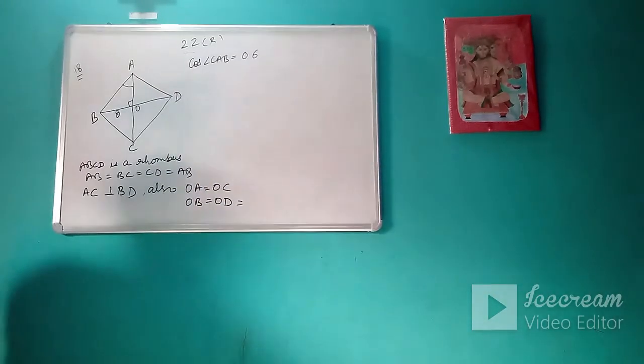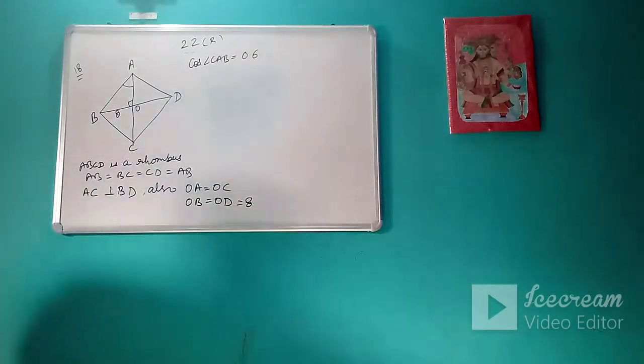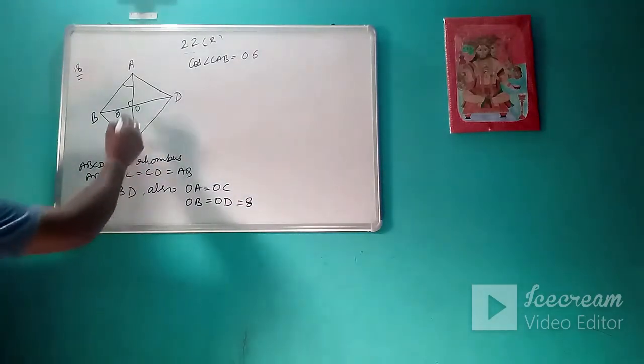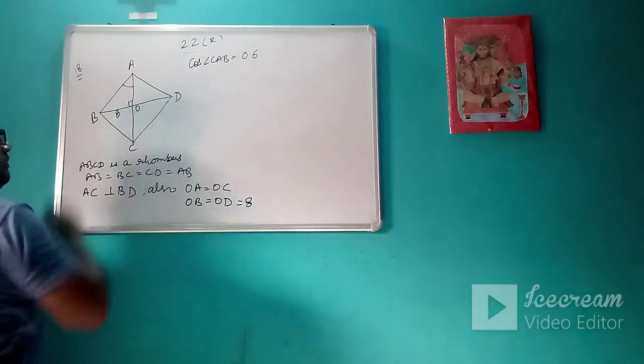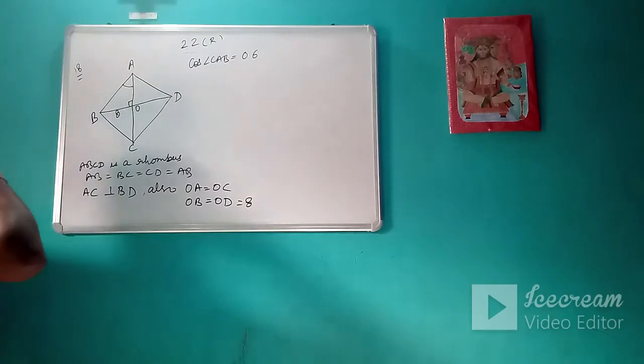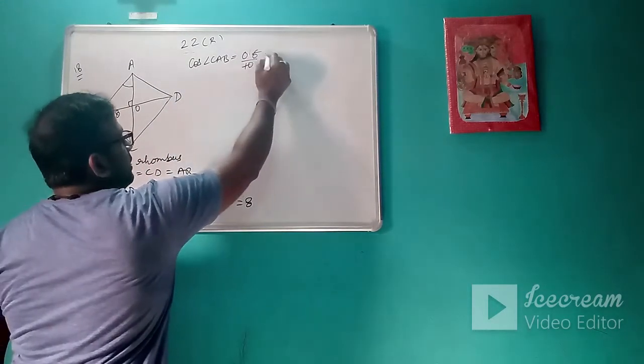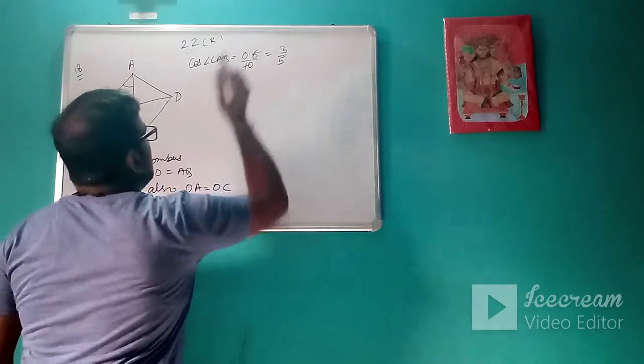So this is the information with us. Now we will use the properties of rhombus. Since it is 90 degrees, these two sides will be equal to each other, and this trigonometric ratio is given to us. So first remove the decimal: 6 upon 10 becomes 3 upon 5.